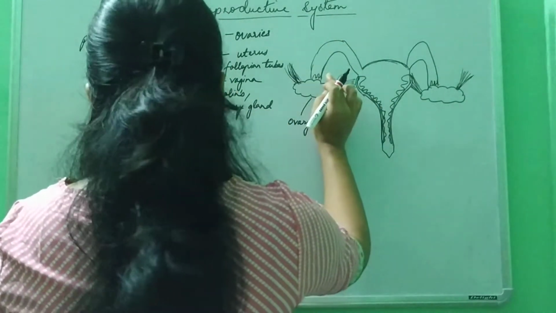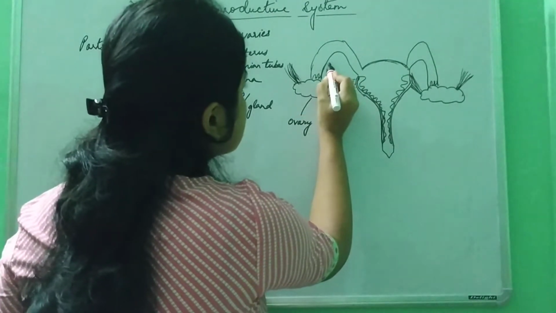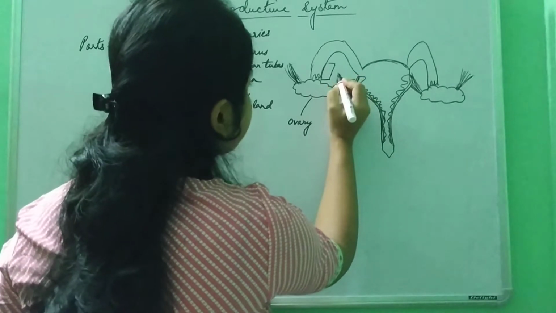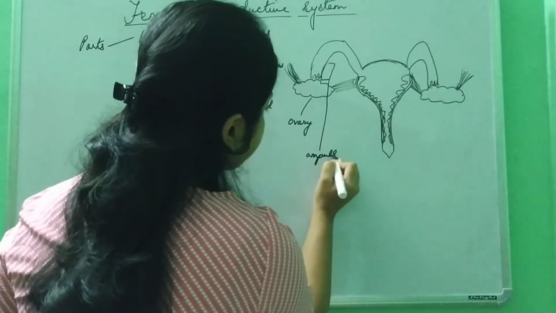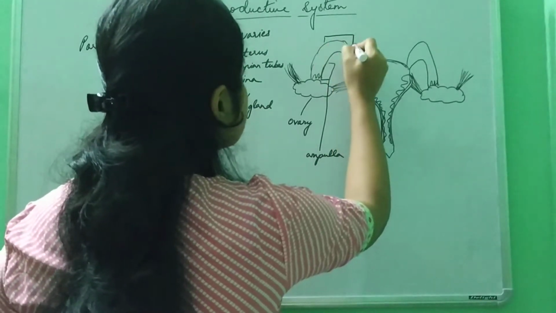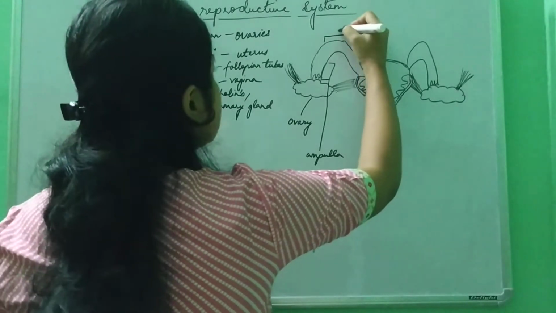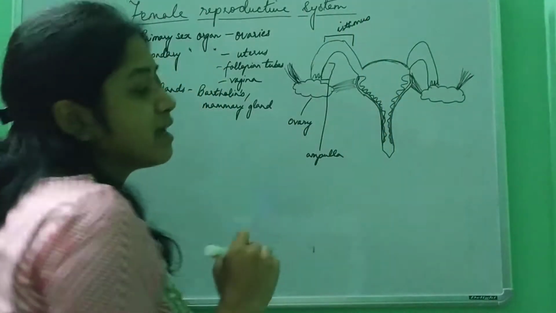This part will again be divided into two parts. This lower part is the ampulla, and this upper part is the isthmus. Isthmus.